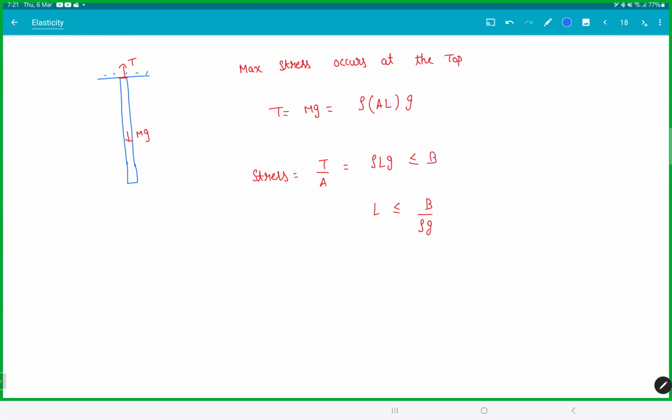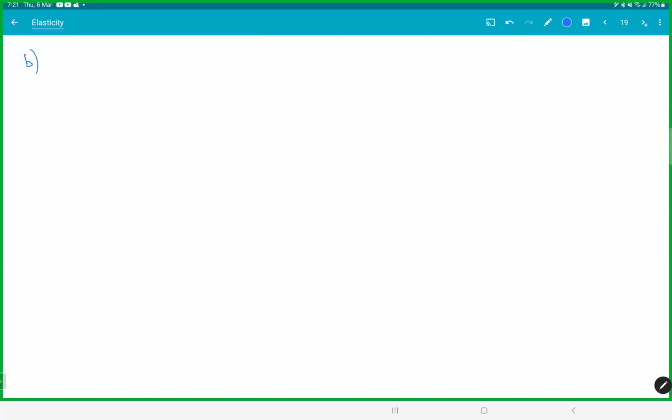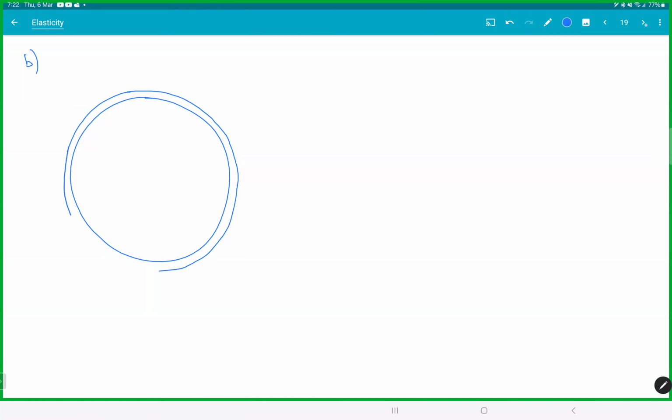Clear, everyone? Now, let's see a better version of this. Same thing, but imagine you have a shell of radius r.